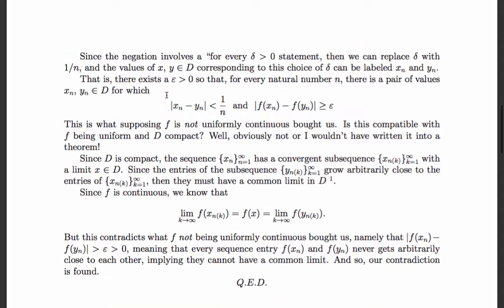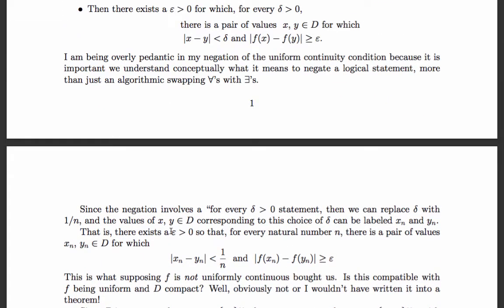So, that last bullet means there exists an epsilon greater than 0, so that for every natural number n, there's a pair of values xn, yn in D, for which the absolute value of xn minus yn is less than 1 over n, and f of xn minus f of yn is greater than or equal to epsilon. So this is essentially what supposing that f is not uniformly continuous has bought us.